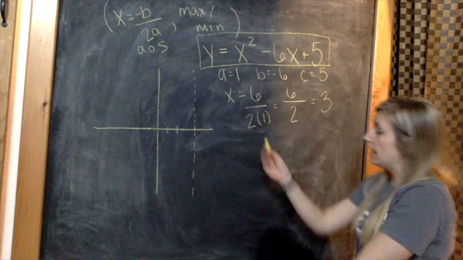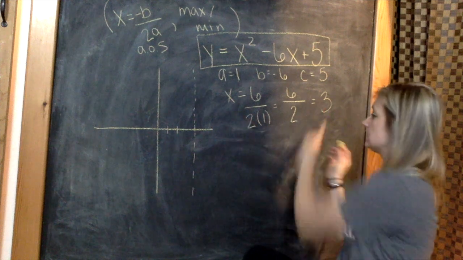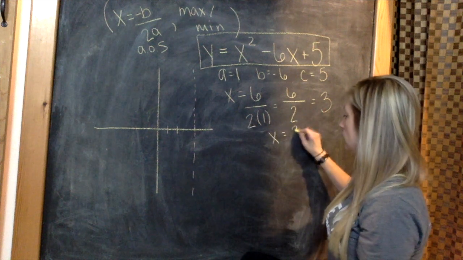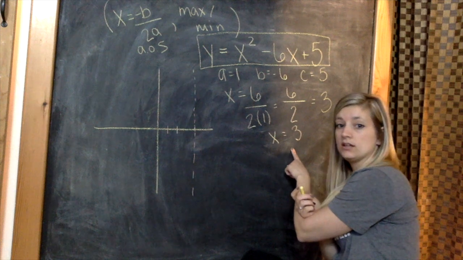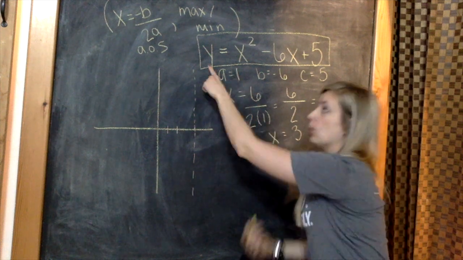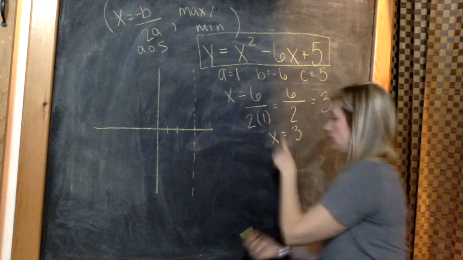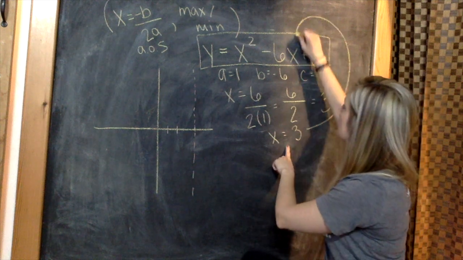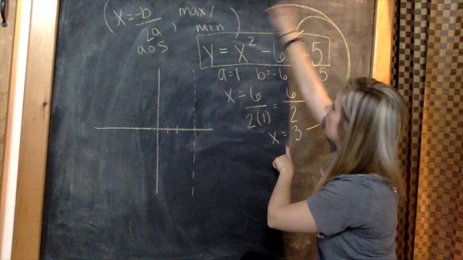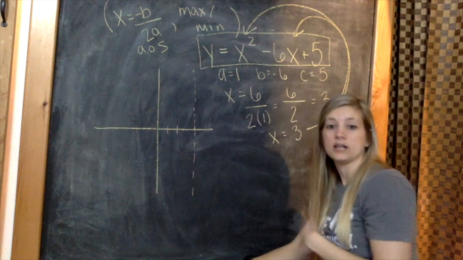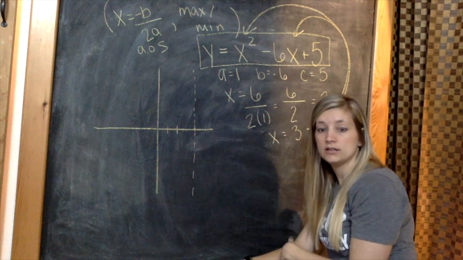To do that, we know x is 3. If we know x is 3 and we're trying to find y, can't we just take this and plug in our x to then spit out our y?